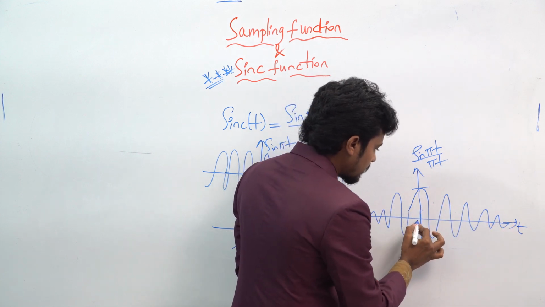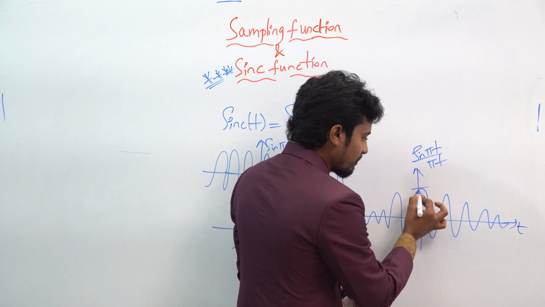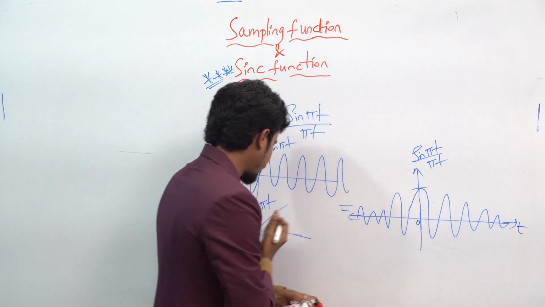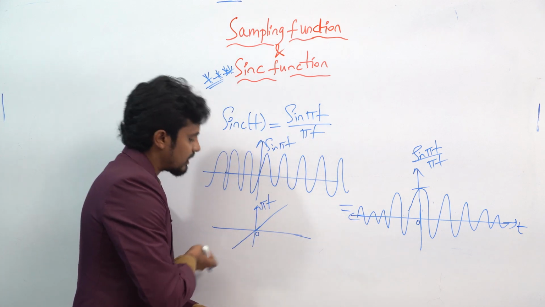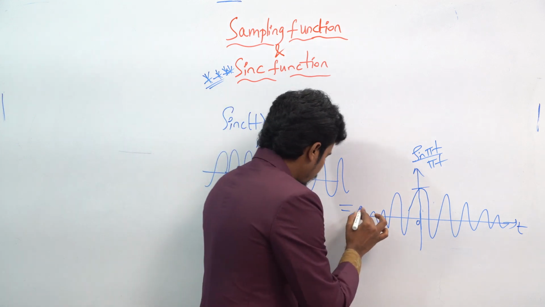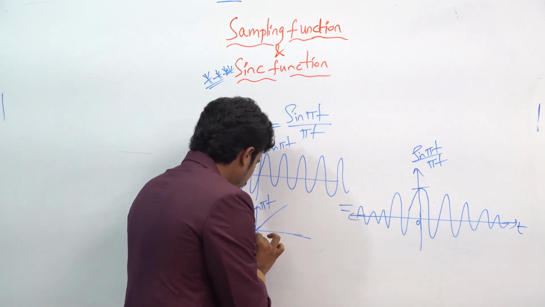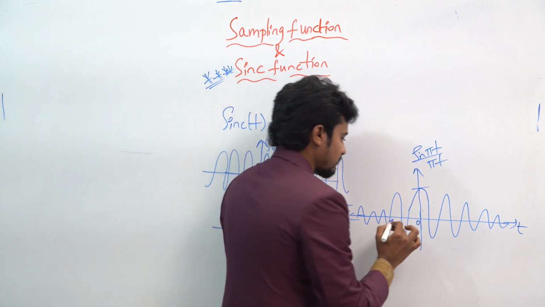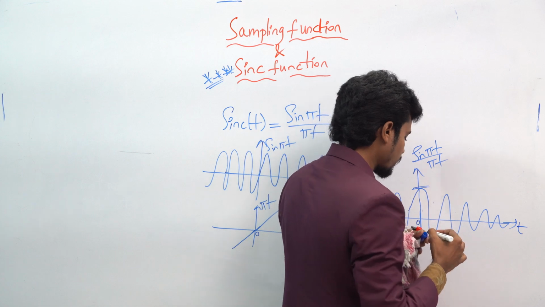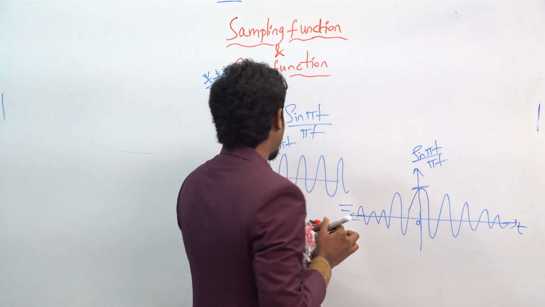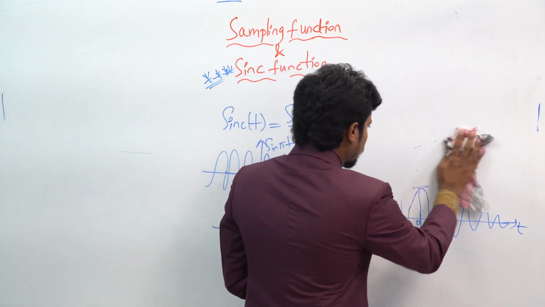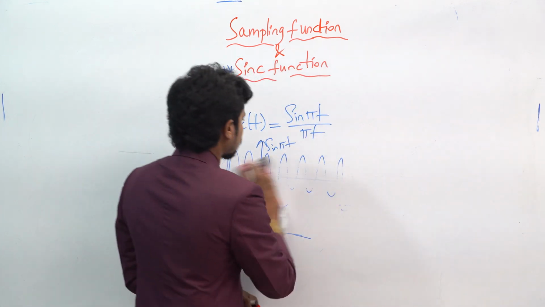Whenever it reaches 0, the amplitude or the peak value keeps increasing. Similarly, on the negative side, it comes from some minus infinity, and whenever it reaches 0, the magnitude increases like this. This was the plot for sinc of t, equal to sin pi t divided by pi t. Let's see some representation for this.